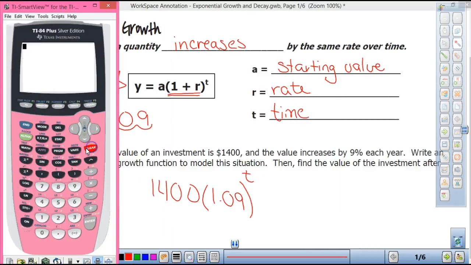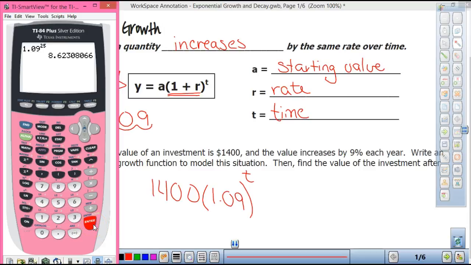Yep, so we've got to go 1.09 to the 25th power. Okay, does anybody need help finding their exponent key? Yours is going to look like that little upside down caret thing right there. Who else? Everybody else knows where their exponent key is? Alright, so you're going to hit enter.